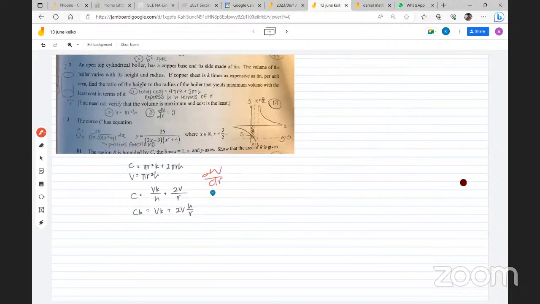Okay. DV/DR, pretending that H is a constant, which is wrong, of course, right? So 2πHR, right? Then it goes to 0, which really does not help, isn't it? If you equate that to 0, that really does not help.